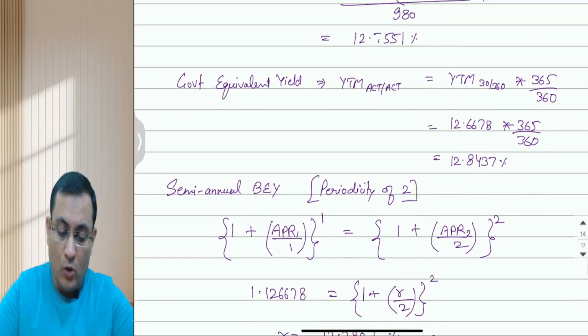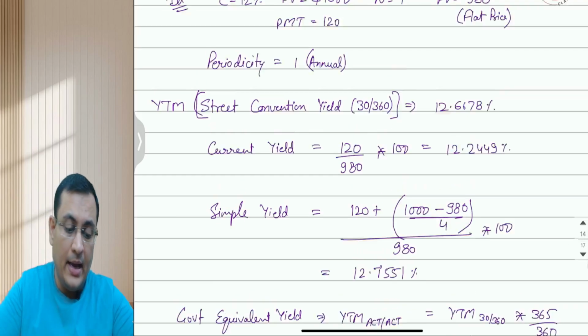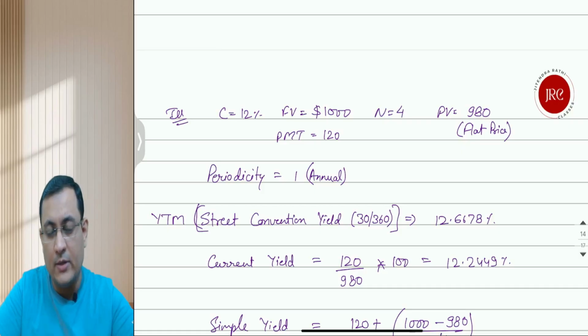So we have done bond equivalent yield, government equivalent yield, simple yield, and then the current yield and normal yield, which is the default street convention.